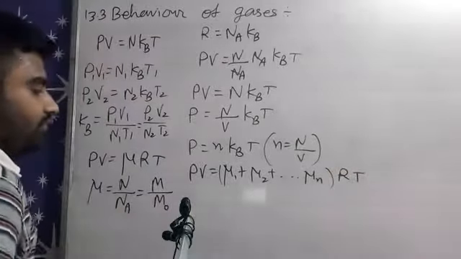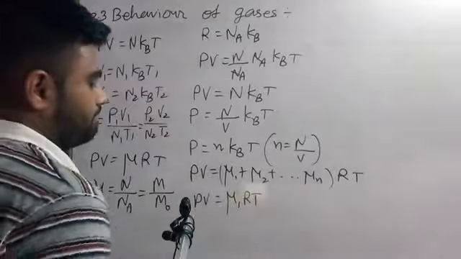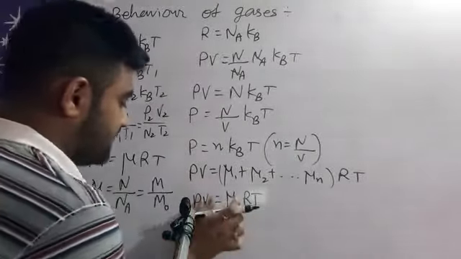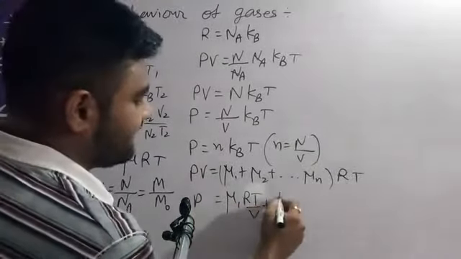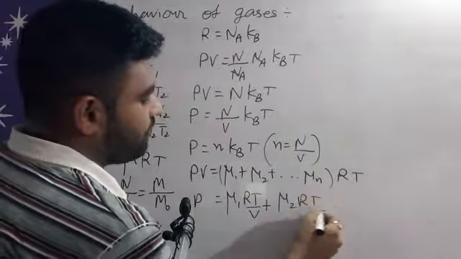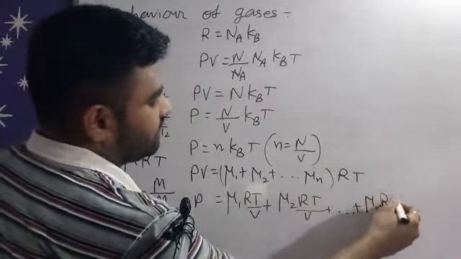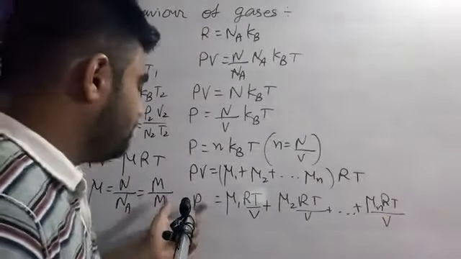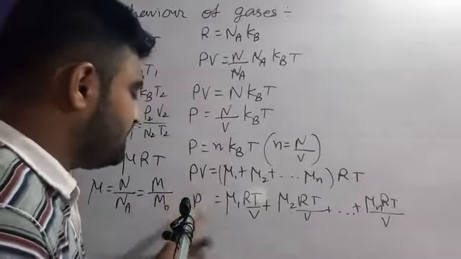So we can write this formula with mu1 RT, and if we divide by V, then we get mu1 RT upon V, plus the second term mu2 RT upon V, then the last term will be mu n RT upon V, right? So that's the whole pressure formula. For different numbers of moles we have one pressure formula.